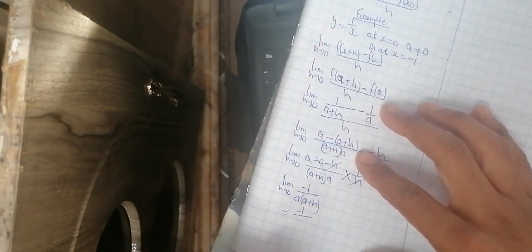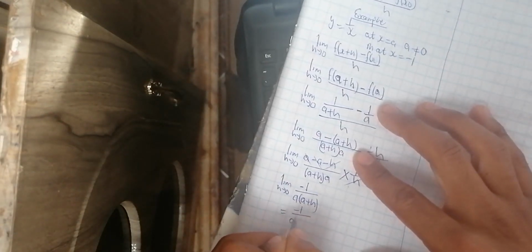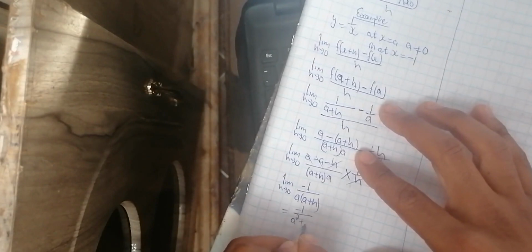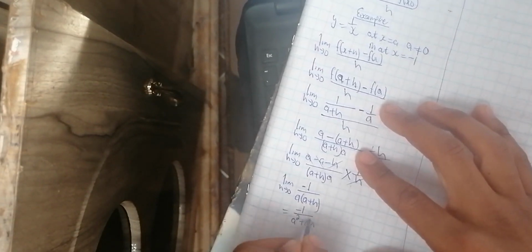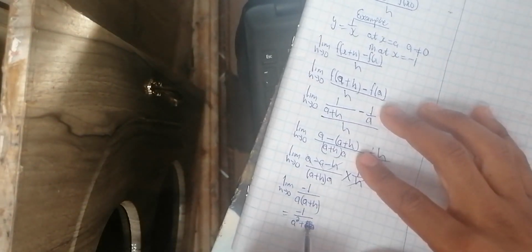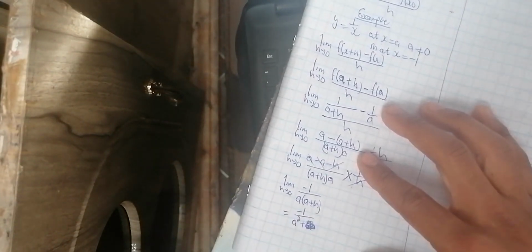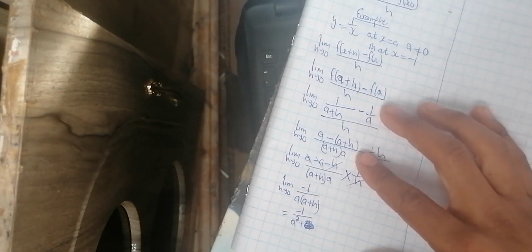In here I can multiply and find a squared plus ah. But remember I'm letting this to be 0, so I might as well just get rid of this, because you will have 0 times a, which is 0. So you are left with this. The answer is minus 1 over a squared.